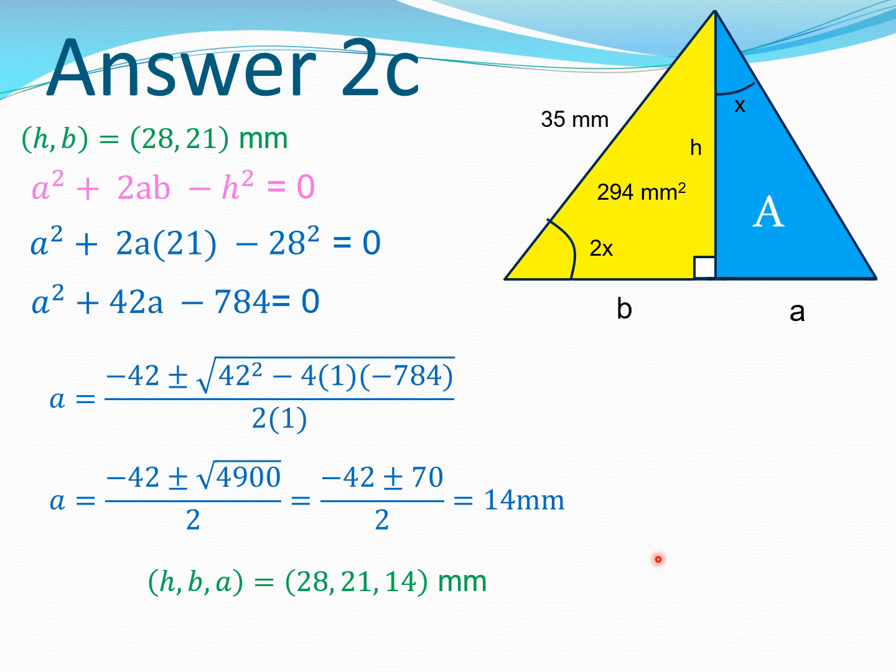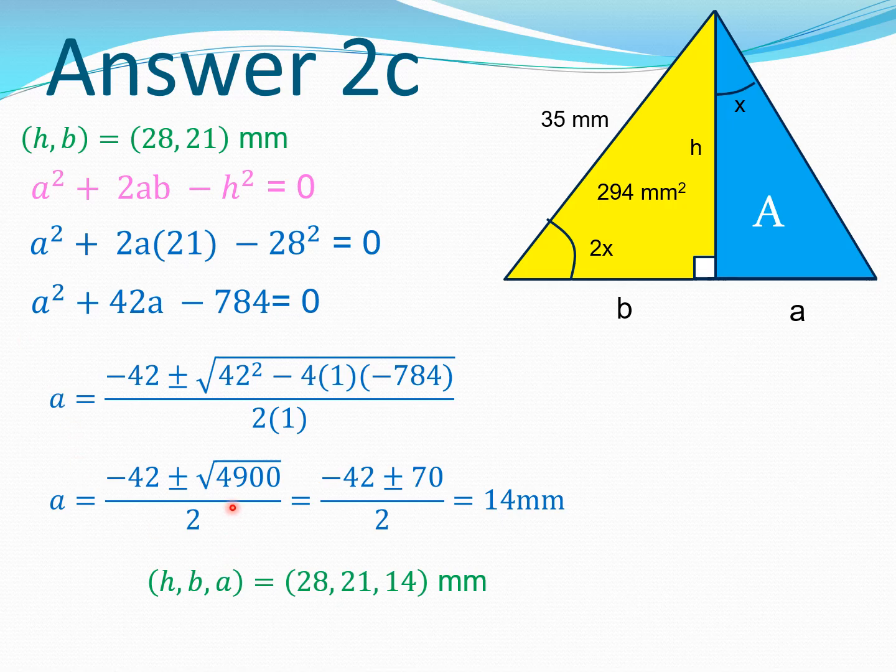Let's do that. But we have to do this twice, because there are two possible combinations of h and b. The first one is 28, 21. So we take the equation a squared plus 2ab minus h squared is 0, and substitute h is 28 and b is 21. After some simplification I get this, and then I can immediately solve this quadratic using the quadratic formula.